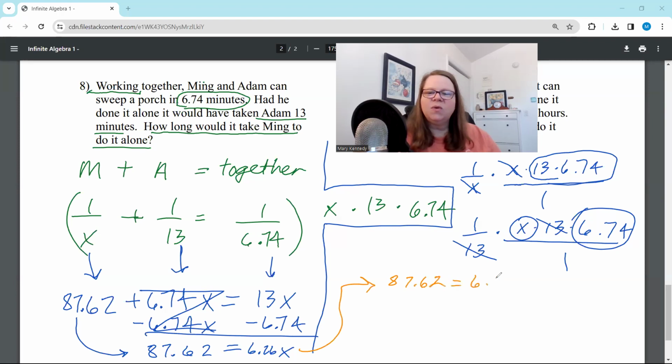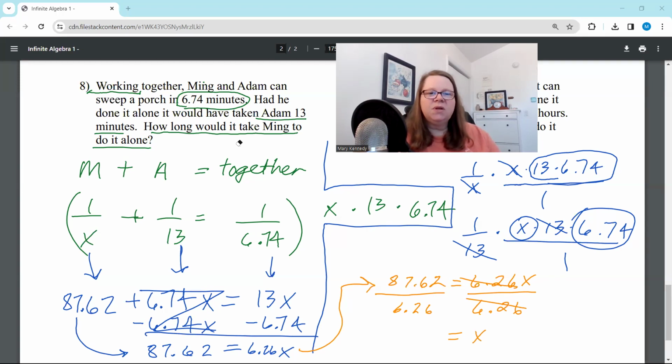87.62 equals 6.26X. If this was just 8 equals 6X, we know that we would divide by 6, by whatever's in front of X. So we're going to do that here and divide by 6.26. That way we're left with just X equals this.